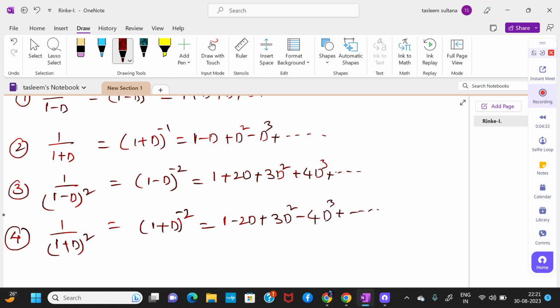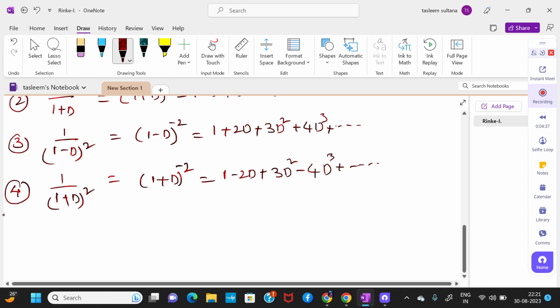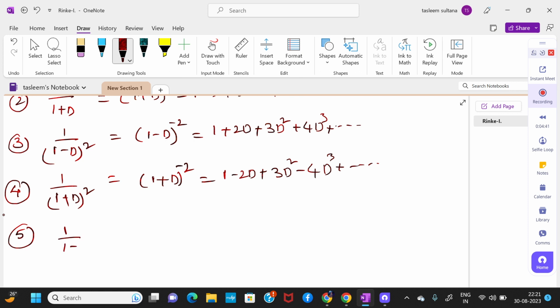Next, for the cube: 1 divided by 1 minus D whole cube is equal to 1 plus 3D plus 6D square plus 10D cube plus and so on.